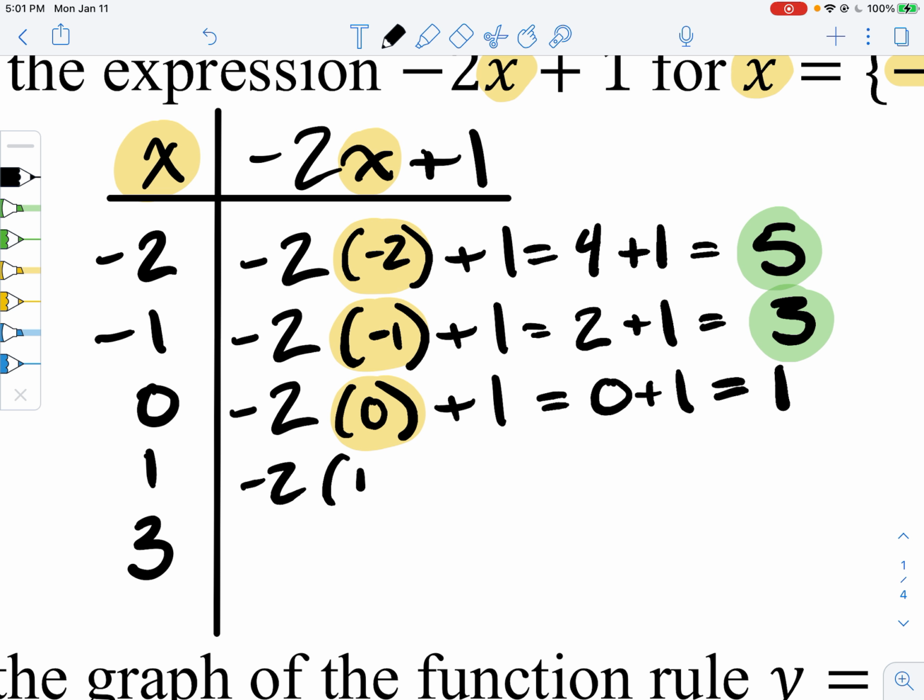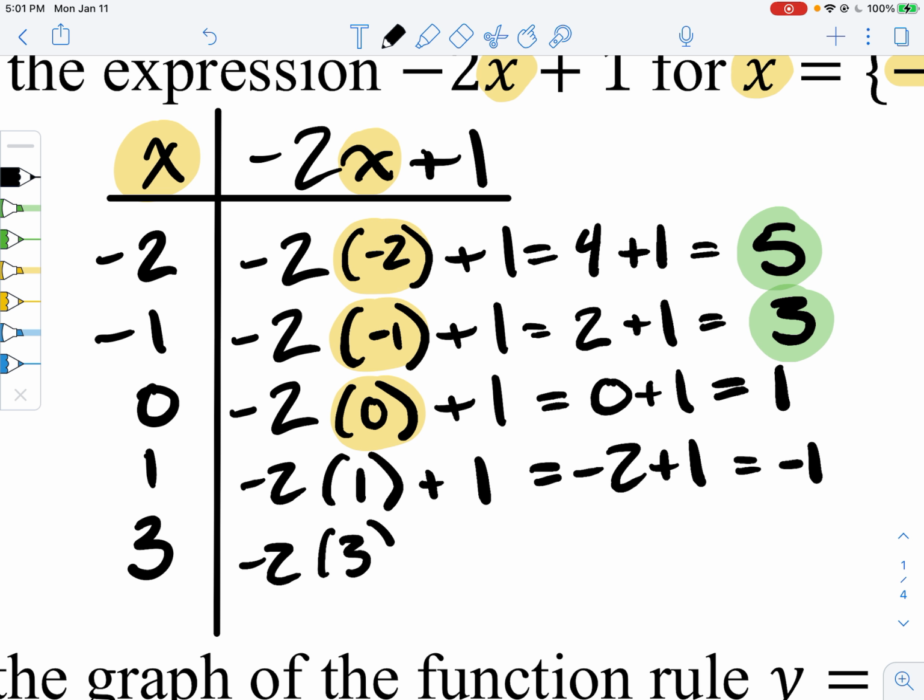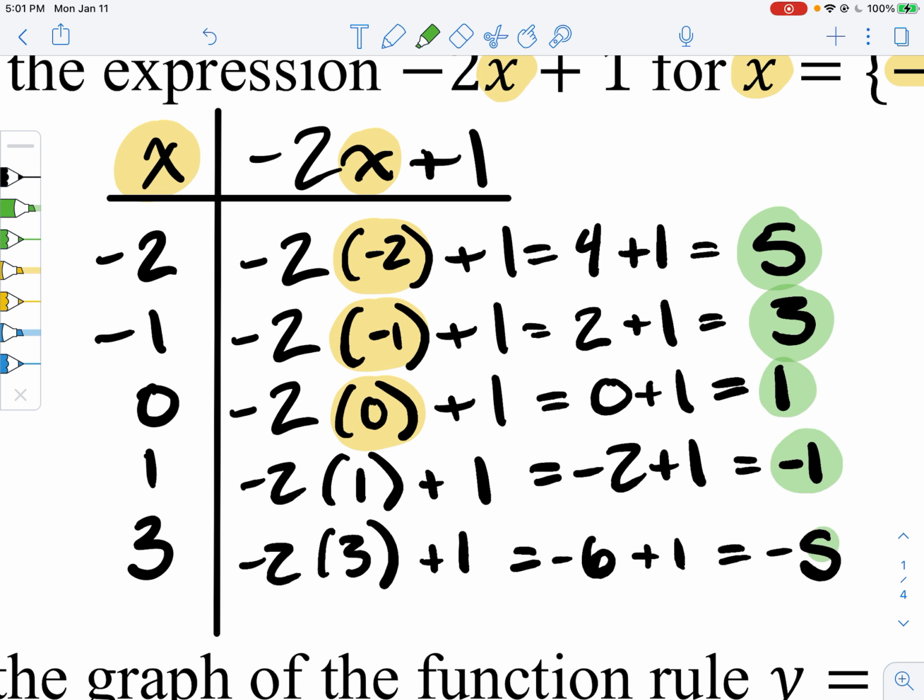Negative 2, plug in 1. Plus 1 is negative 2 plus 1, which is negative 1. And finally, we have negative 2 times 3 plus 1, which is 6. Just kidding, negative 6 plus 1, which is negative 5. Oh, I haven't been highlighting my answers.